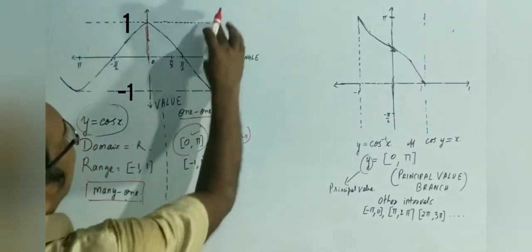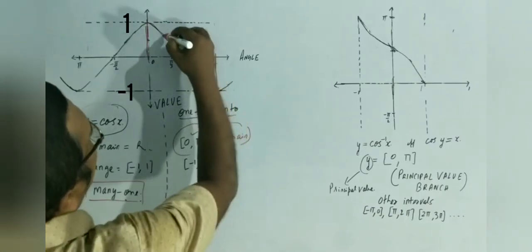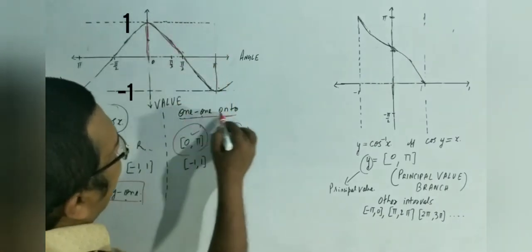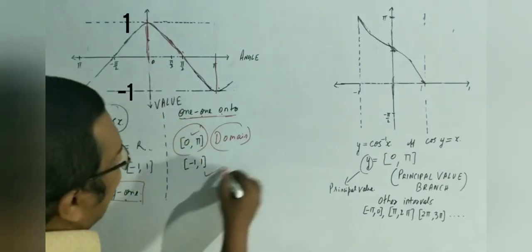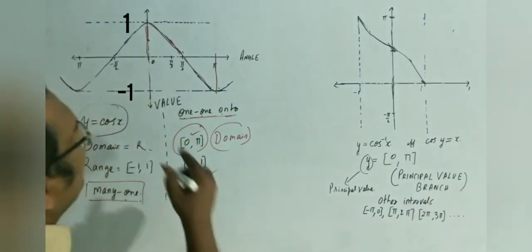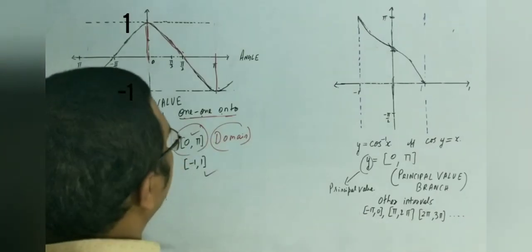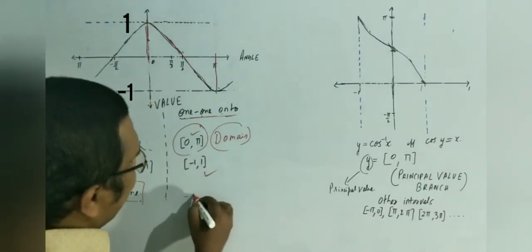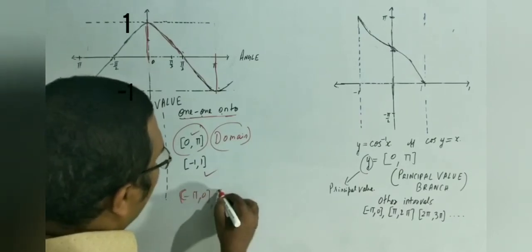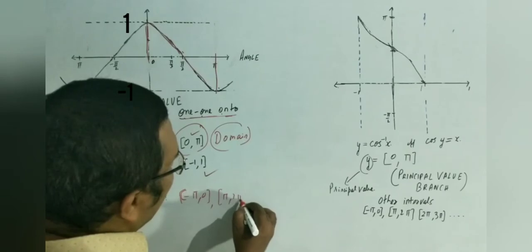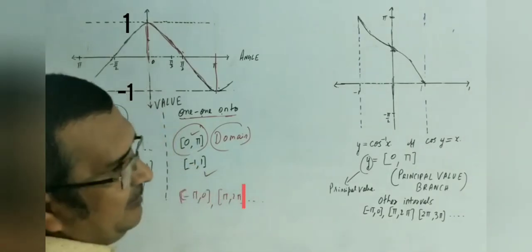You'll find in this portion the graph is a decreasing function, and this is one onto, we can also say a bijective function. The range is from -1 to 1. Now, this interval from 0 to pi is called the principal value. But this can also be -pi to 0 or pi to 2 pi and so on. But we take this as the principal value.